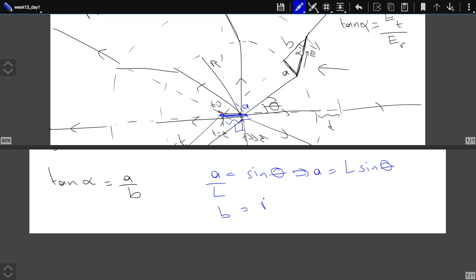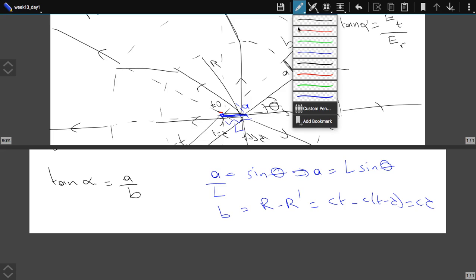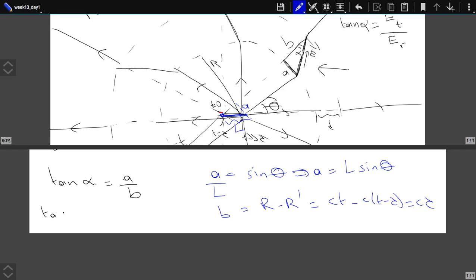Well, B is basically the difference R minus R prime. So tangent alpha is L times sine theta divided by c times tau.